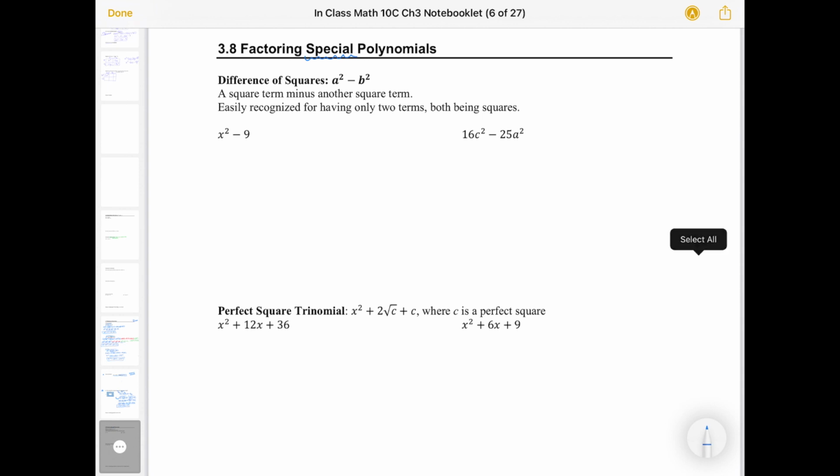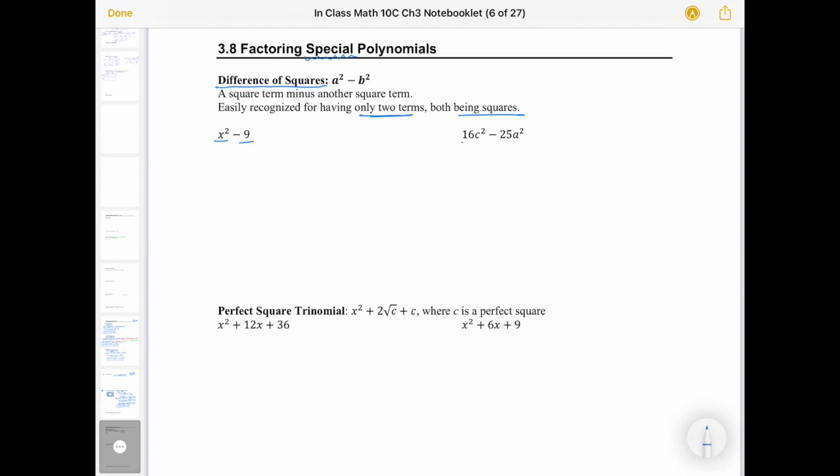So the first one I'm going to show you is a difference of squares. It is perhaps one of the easiest to recognize because there are only two terms and both of them are squares. So something here, x squared minus 9. X squared is a square and 9 is a square.